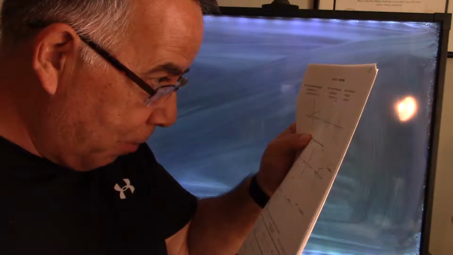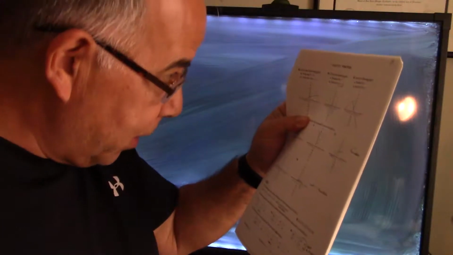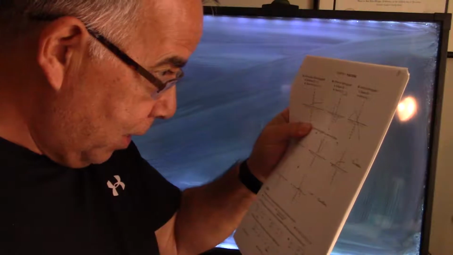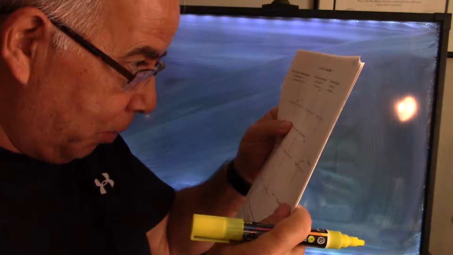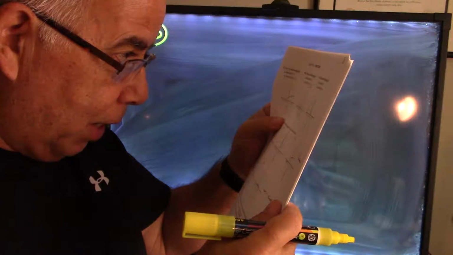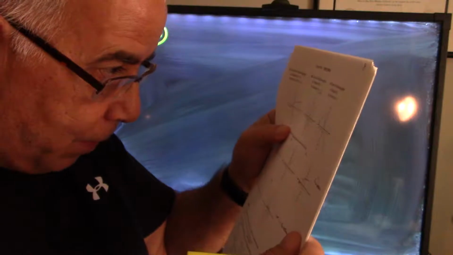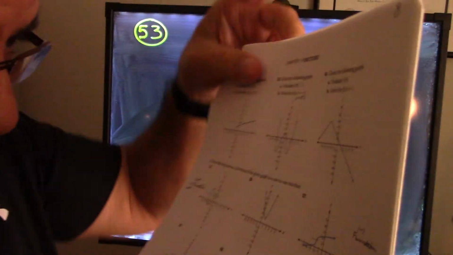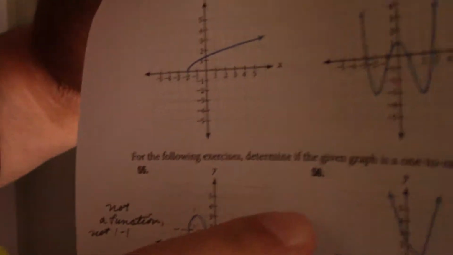So I'm going to refer you to your manual, your book, and the picture in the book. Let me see if I can get a close-up on screen with this. We have this graph. Part A says evaluate f of 0.